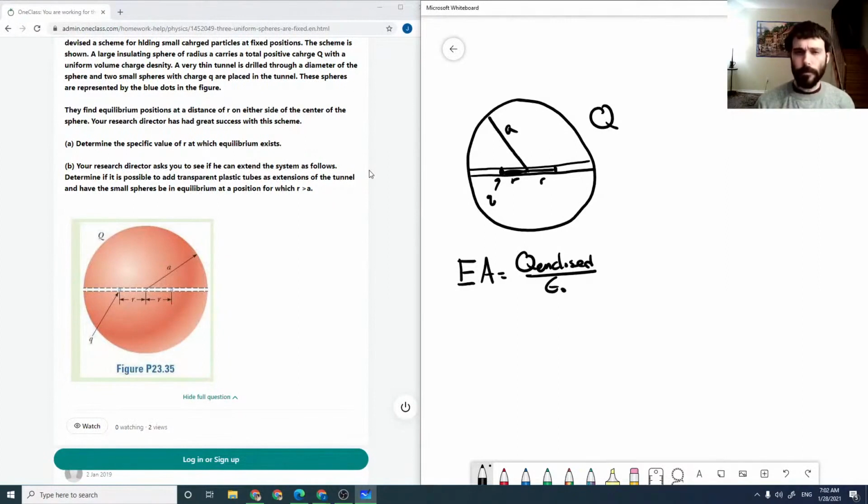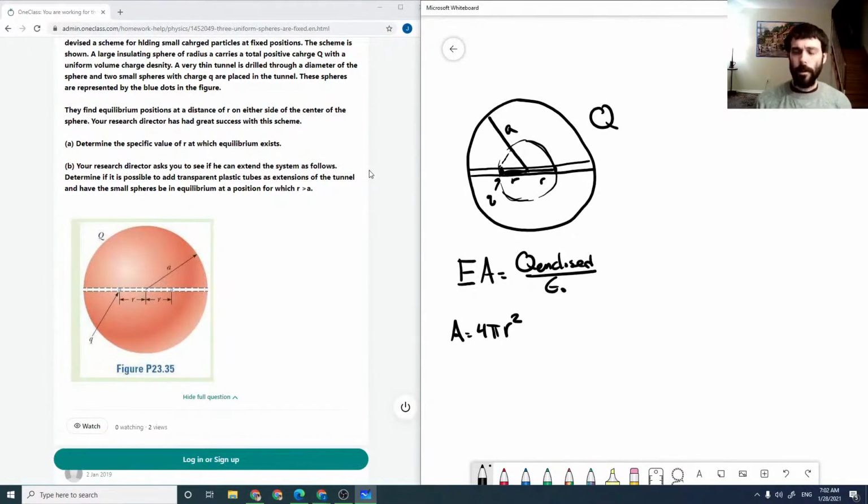So for the first part here, our area is just going to be the surface area of a sphere which encloses the charges. So our surface area is 4 pi r squared.